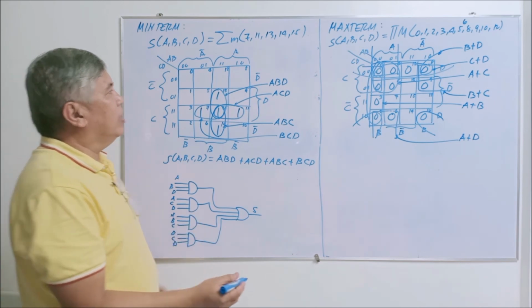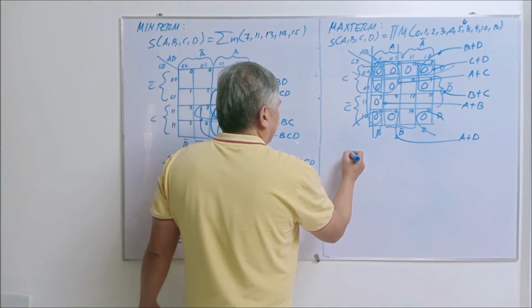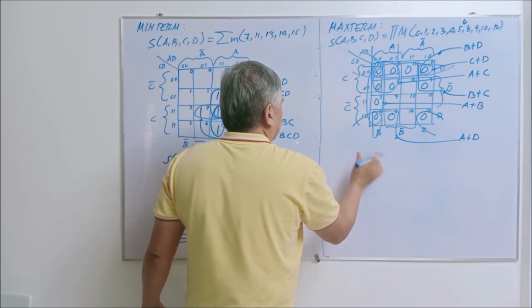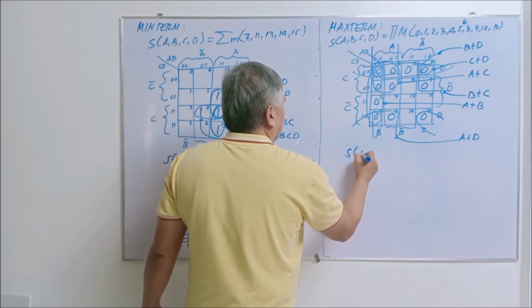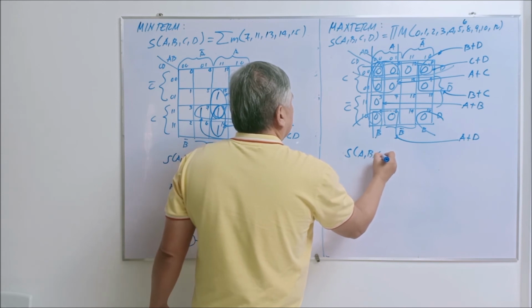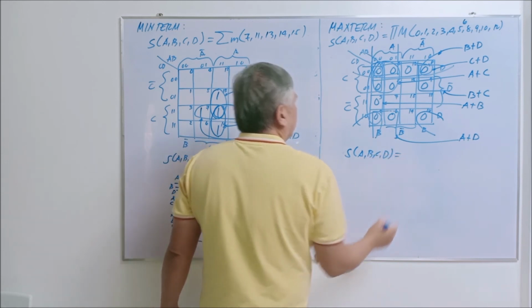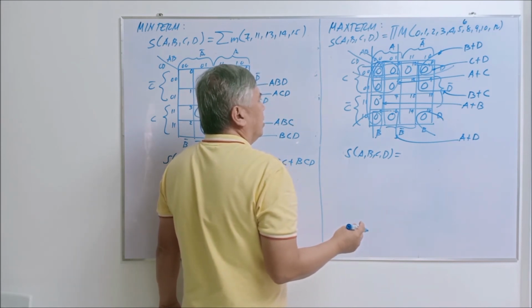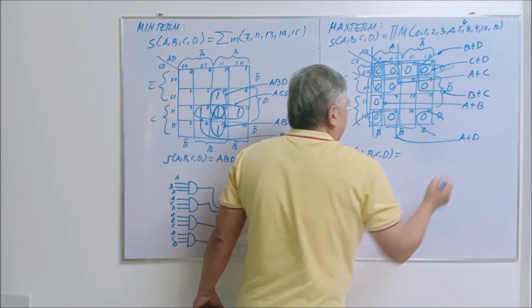So the final equation will be S as a function of A, B, C, D is equal to, remove the pi m symbol, just write immediately the equation.